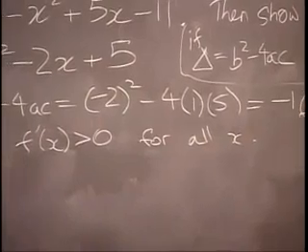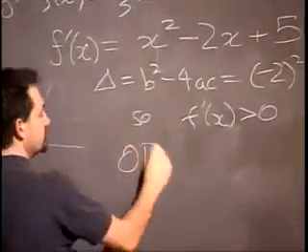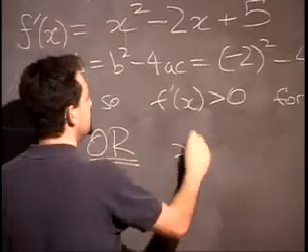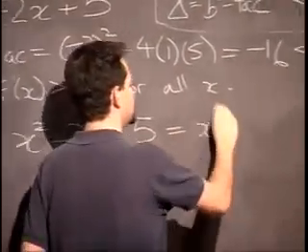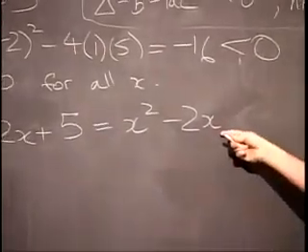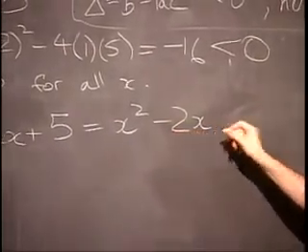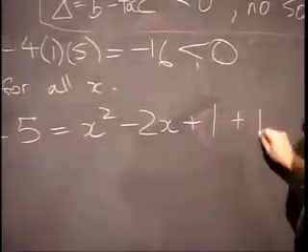Perhaps a better way, even, is to complete the square in the original. If you just complete the square like this, what do we actually want this to be? X squared minus 2x plus 1. Of course, then there's an extra 4 left over.